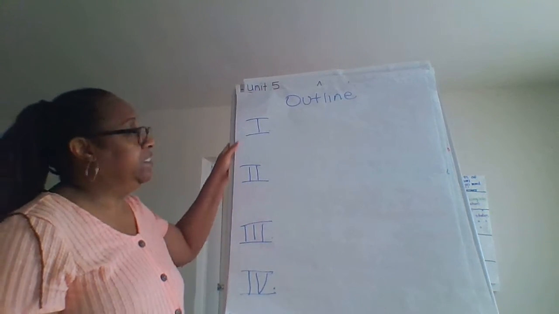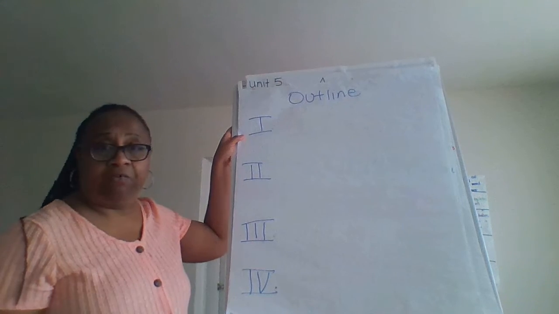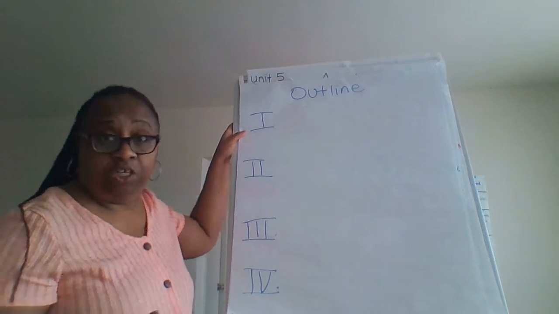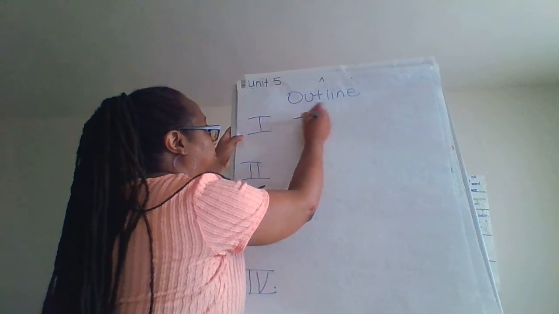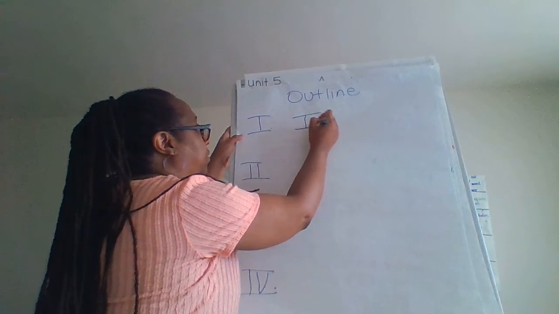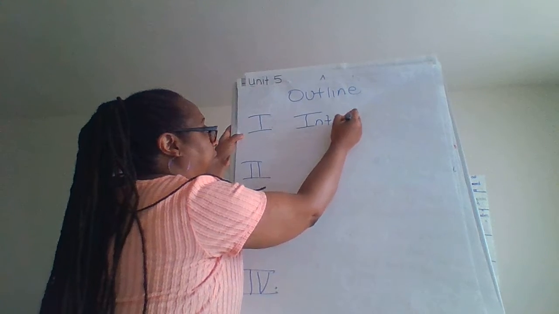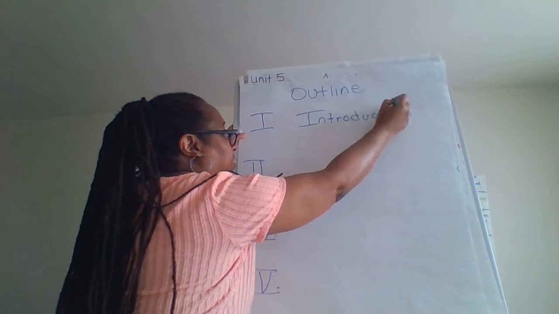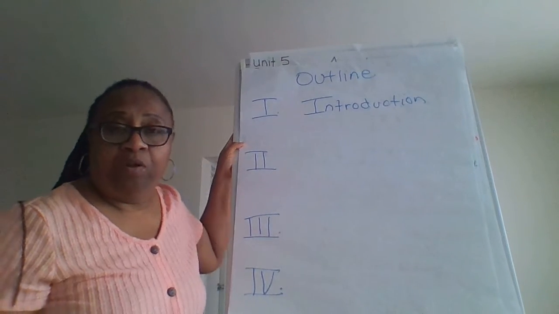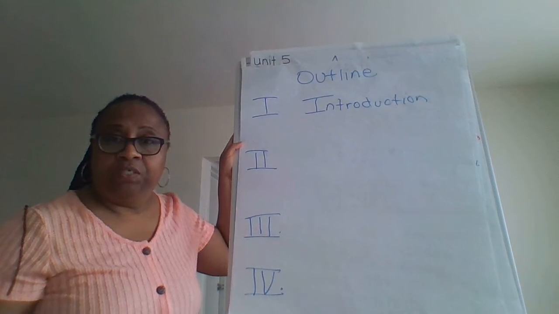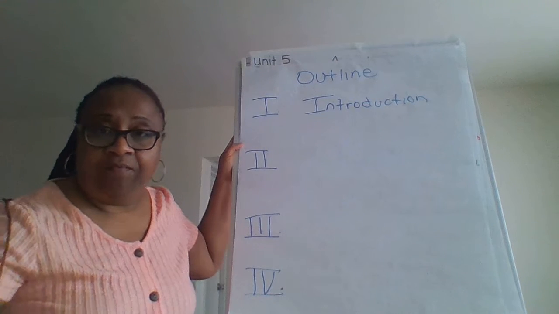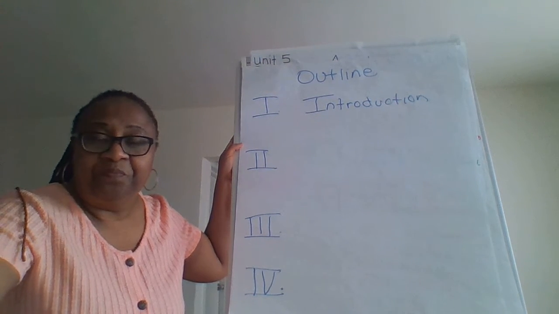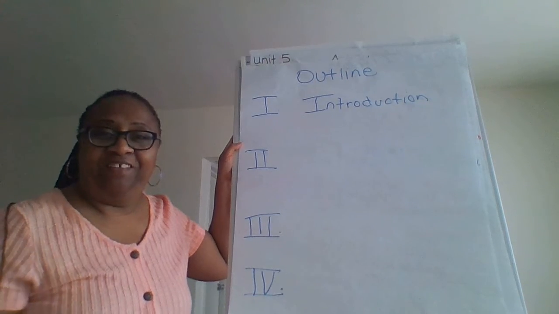The first paragraph, Roman numeral 1, is our introduction. That is going to be your introduction paragraph. Who can tell me what important piece of information goes into that introduction paragraph? Let's call on Xavier. That is correct, Xavier.